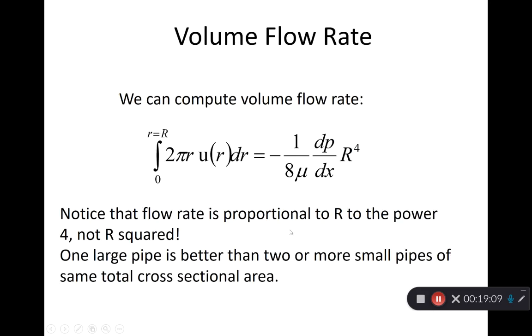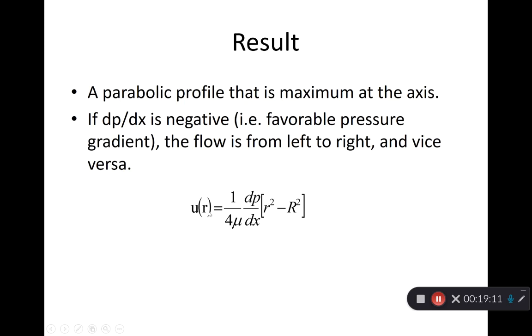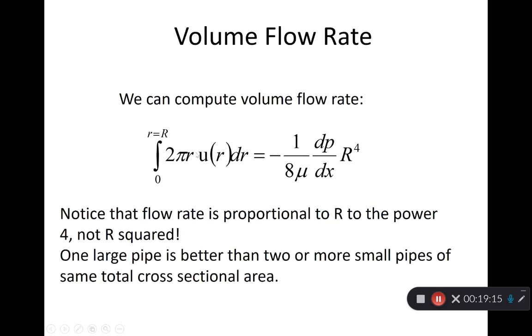Now we can do a volume flow rate. Since you have u(r) here, just multiply by 2 pi r dr, which is the area of a circular ring. Take multiple rings, integrate from 0 to capital R, all the way from the axis to the edge of the pipe. Then you get this, the mass flow rate. We notice that the mass flow rate is proportional to R to the power 4, not pi R squared.